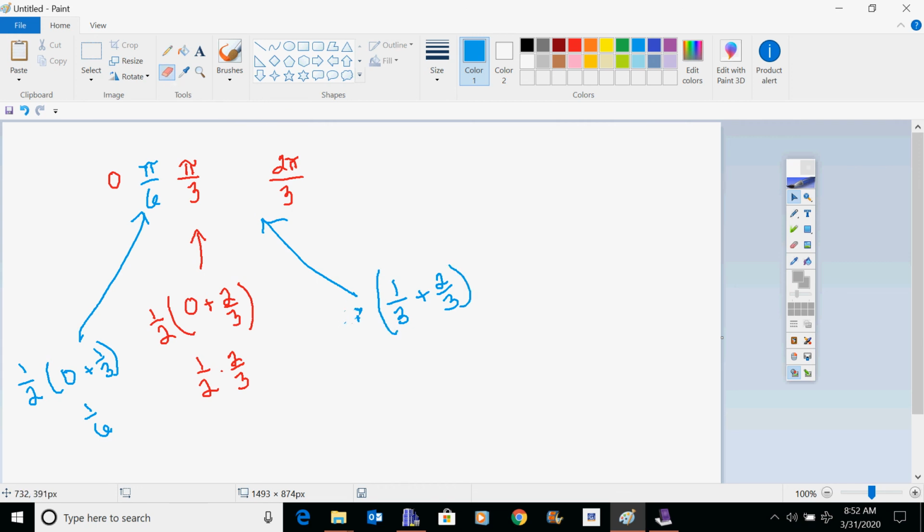Let me get rid of this mess. So 1/3 and 2/3 is 3/3. 3/3 is just 1. So this one's pi over 2.